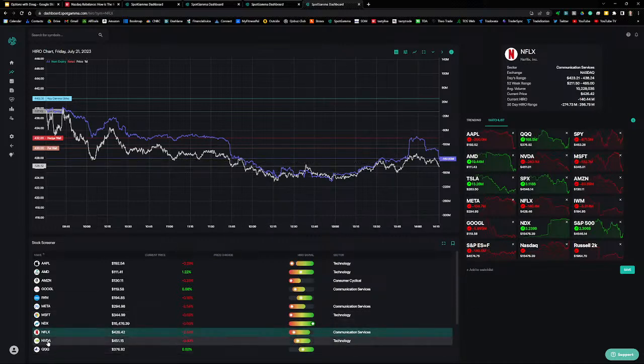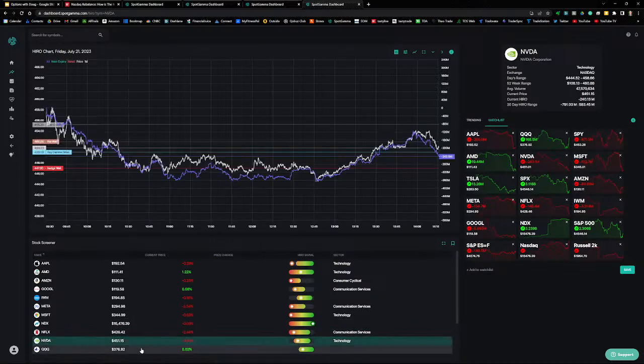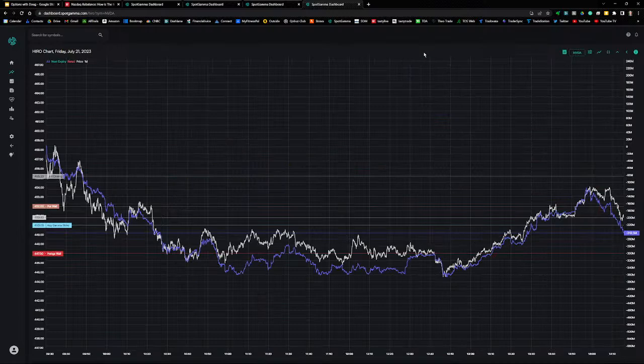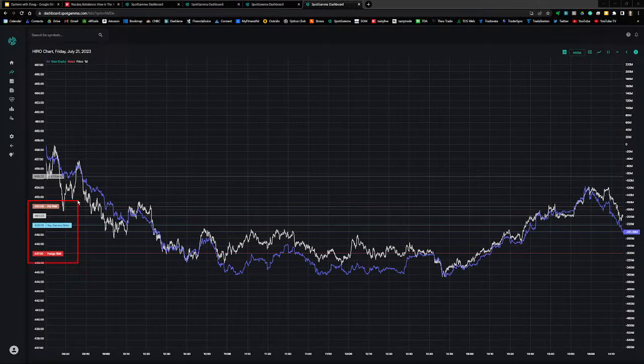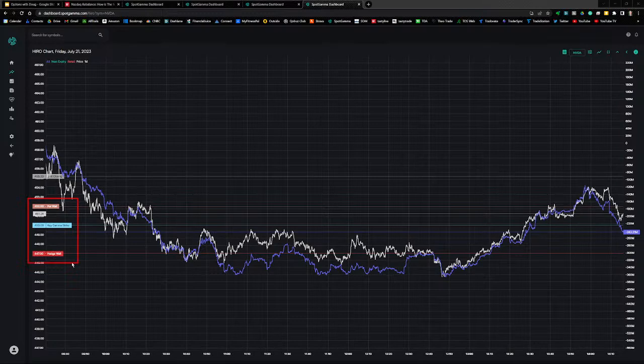And NVIDIA, and here the key gamma strikes, or the key daily levels for NVIDIA: 452 put wall, 450 key gamma strike, and then the 447 hedge wall.